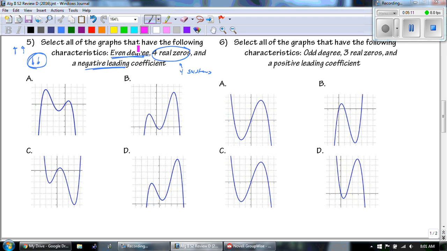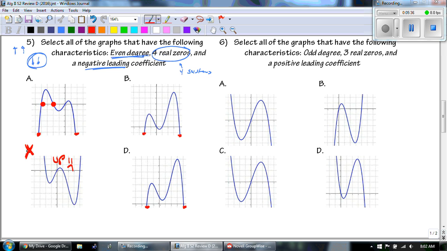So just looking at those, I see that I can cancel out C because it's going up. Okay, so the next part is I need to make sure that all the ends are going down, so it's down, down, down, down, and down, down. And I need to have 4 real zeros.